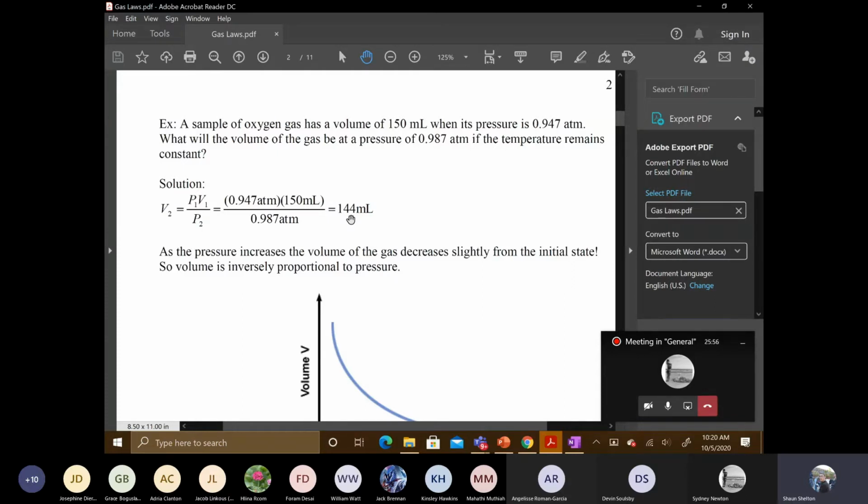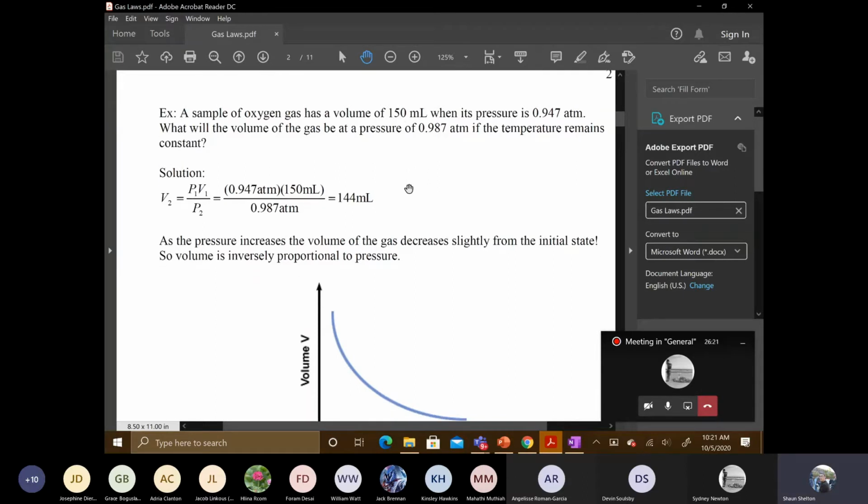It would actually need to be 140 milliliters, but I want this to be 3 sig figs, so we want the decimal place here. So all 3 of these numbers are 3 sig figs, and your final answer is 3 sig figs, which is what it is here. So make sure you make that little correction in your notes if you're taking notes. This should be 150 with a decimal place.